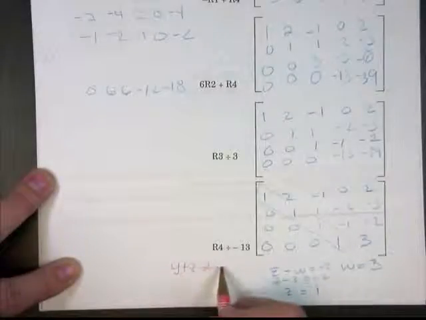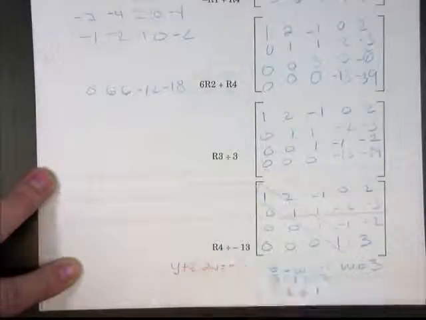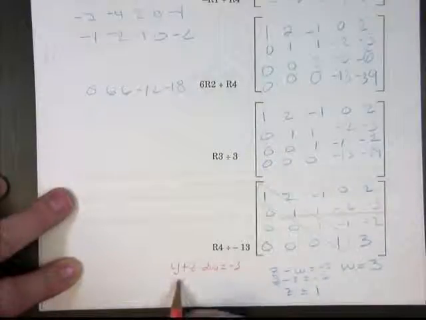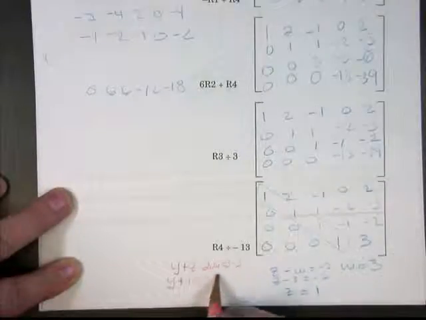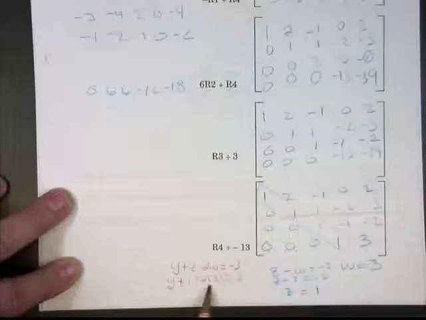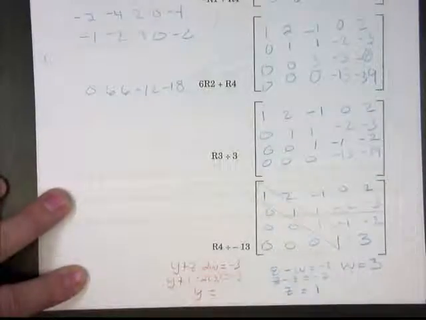Then I could take that and move it up here. I could say Y plus Z minus 2W equals negative 3. So Y plus 1 minus 2 times 3. So negative 6, negative 5 added over, we get Y is 2.